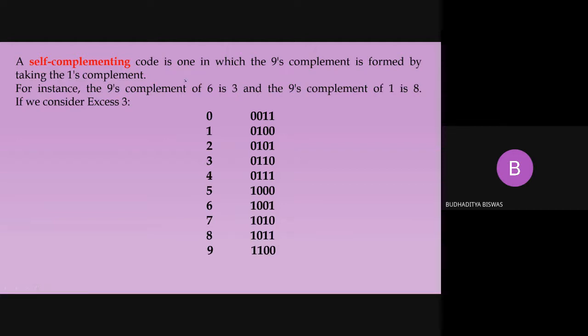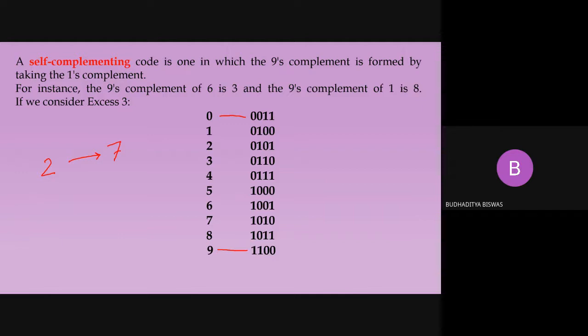So here you see this is actually the XS3 number. Just take another one. The XS3 representation of 0 is 0011. Similarly, XS3 representation of 9 is 1100, like this. Okay. Now you see, what is the nines complement of 2? 7.